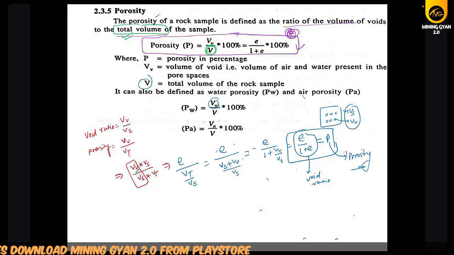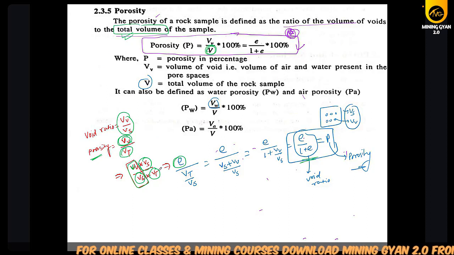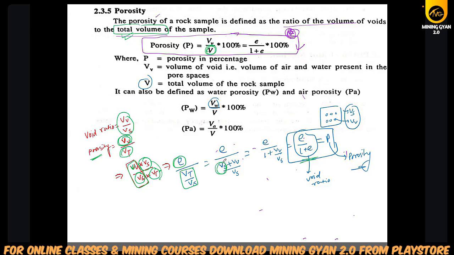So we have also seen this derivation. How will you go? Vv by Vs is the void ratio, and porosity is the volume of void divided by the total volume. We divide Vv by Vs and multiply by Vs, over Vt. So Vv by Vs we can write as e, and Vt divided by Vs. Vt we can write as Vs plus Vv, and when we divide it will be e by 1 plus e.